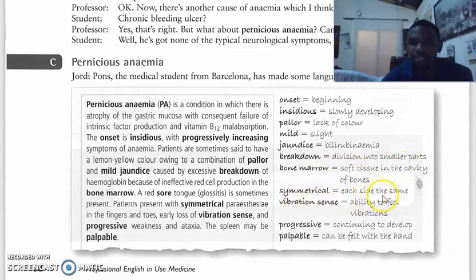Symmetrical, each side is the same. Vibration sense, ability to feel vibrations. Progressive, continuing to develop. Palpable, can be felt with the hand.